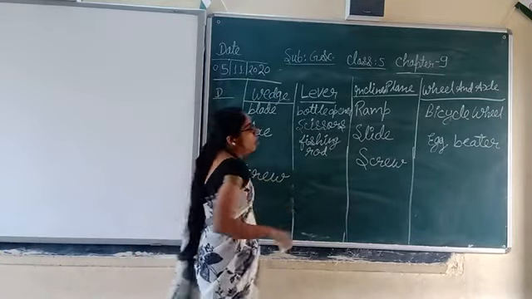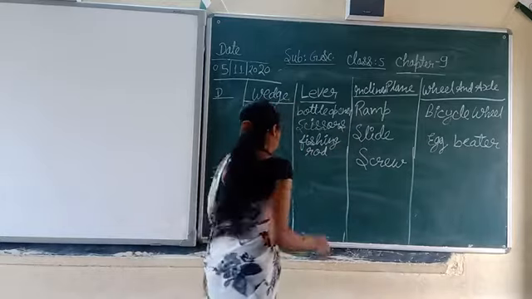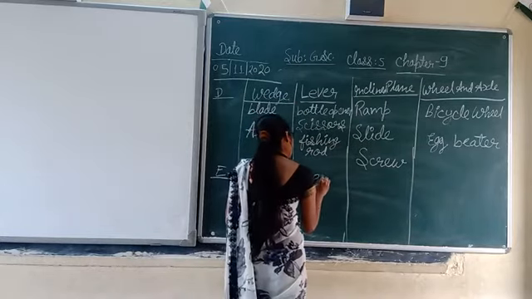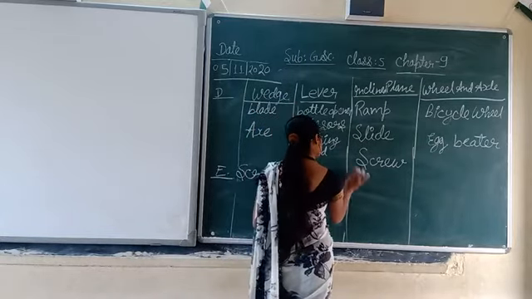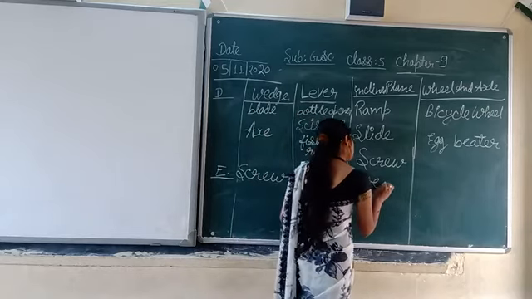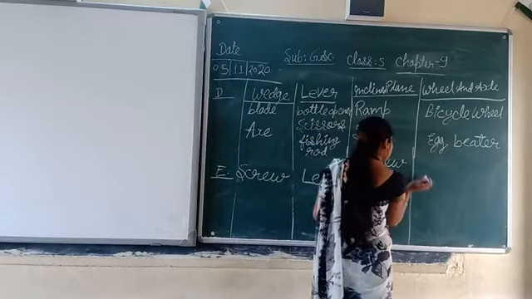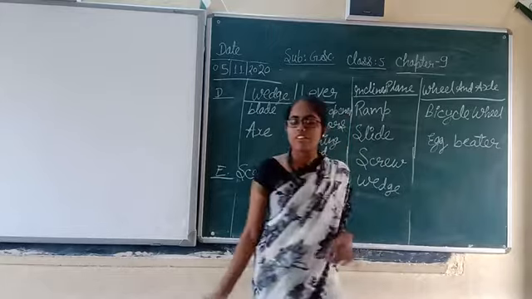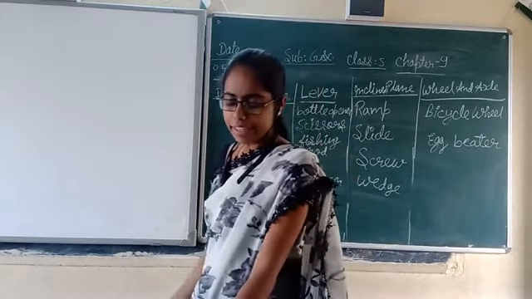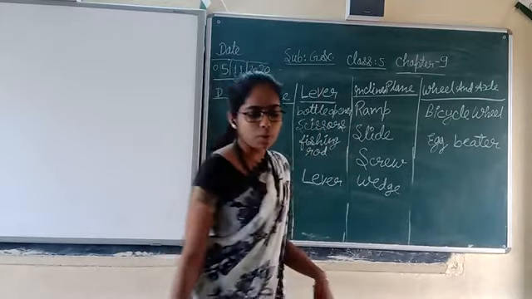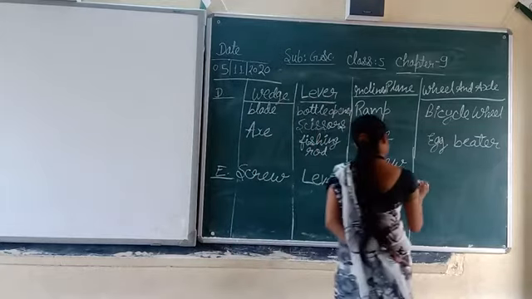Screw. Then lever. 4 figures are given and you have to name it in the book itself. Lever. Then wedge. And screw. Again the screw.